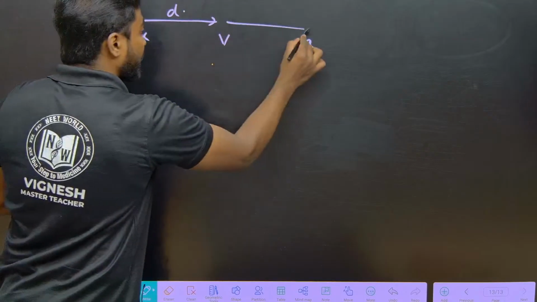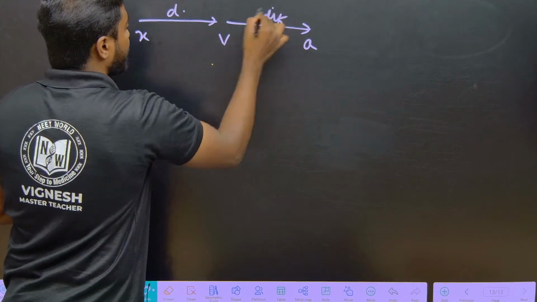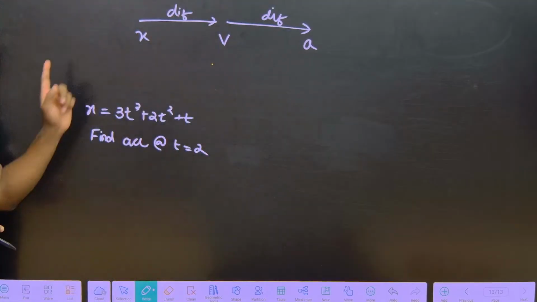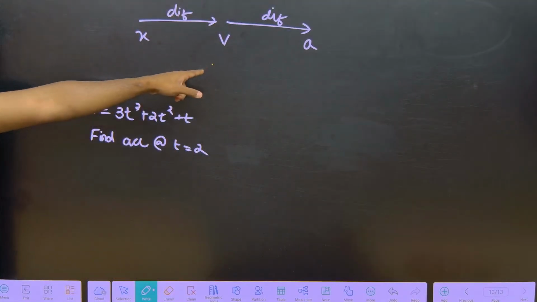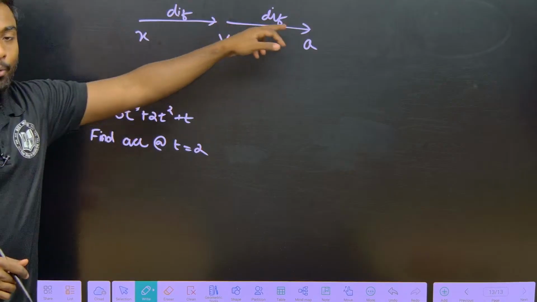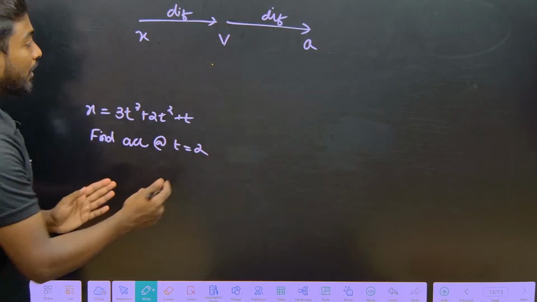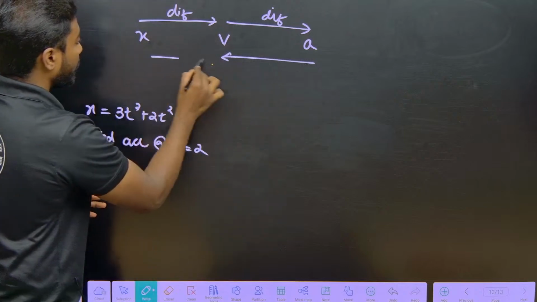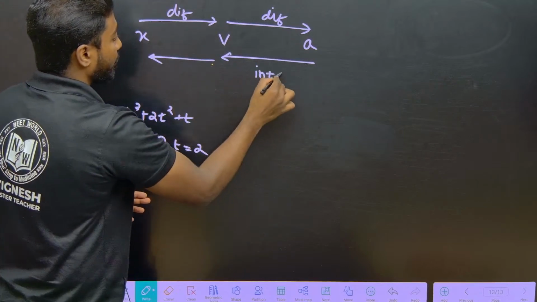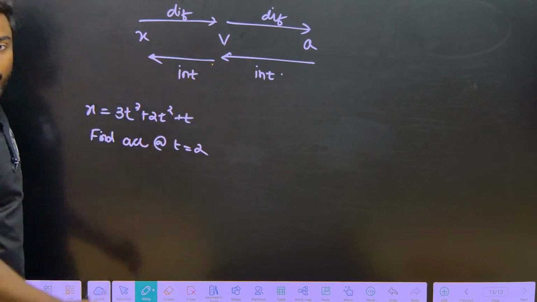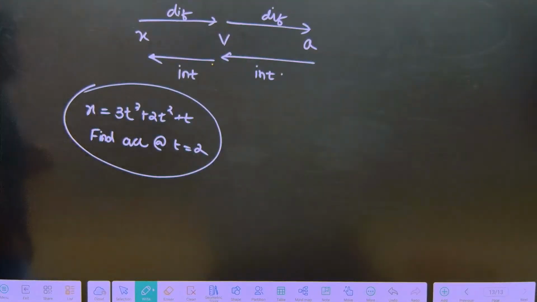Second differentiation, you will get acceleration. So I need to differentiate position to get velocity, differentiate velocity to get acceleration. If you are going in reverse, integration. Any doubt?